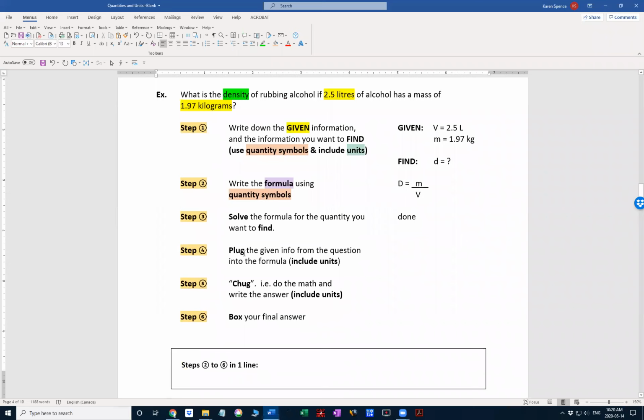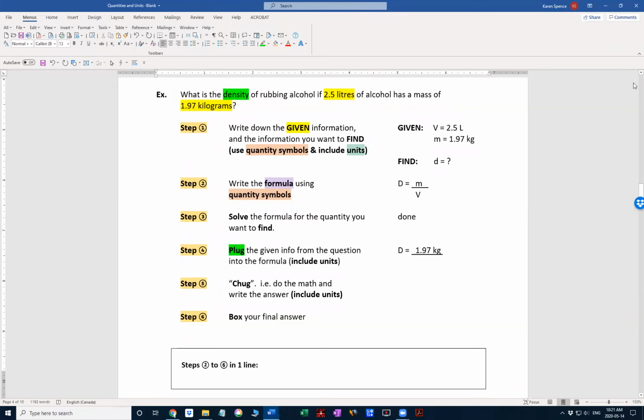And then we're going to plug and chug. But we're going to make sure that we include the units, and we're going to plug that all into the formula. Okay, so density is equal to, we're going to plug in the mass, 1.97 kilograms. And on the bottom, we need to plug in the volume.